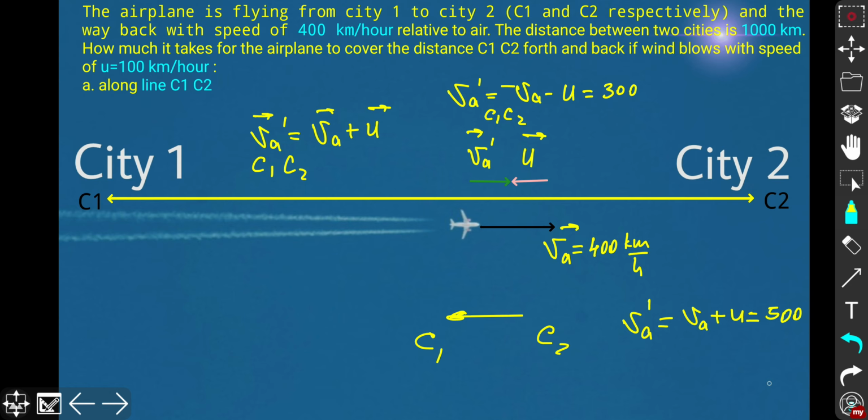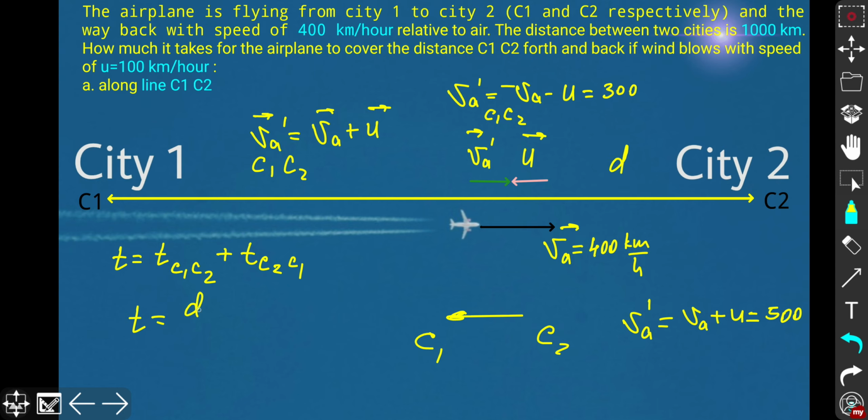So that means we need to calculate the total time. The total time is the total distance traveled, taking into account the time from C1 to C2 and the way back. Of course, we will have different times, C2 to C1. Let's mark D as the distance.